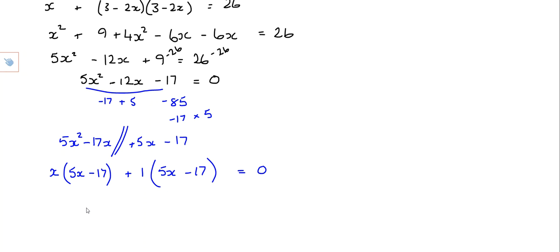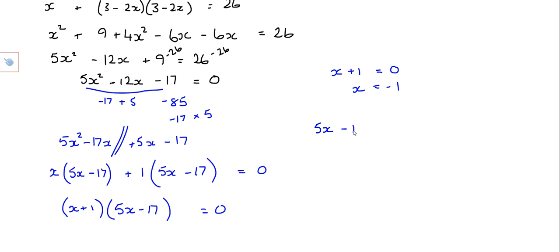And then I crossed out one of the 5x subtract 17, so we've got x plus 1, and then 5x subtract 17. And then to figure out the zeros, I did x equals negative 1. And then I did x equals 17 over 5.